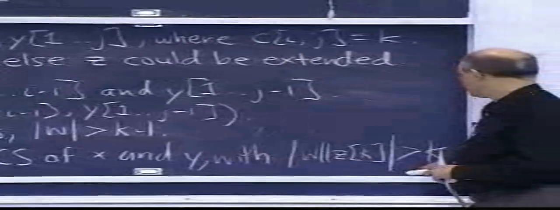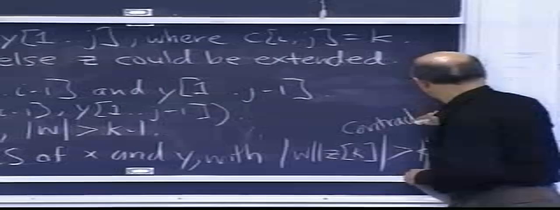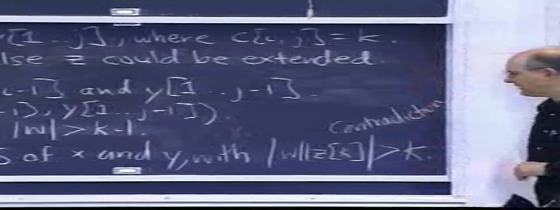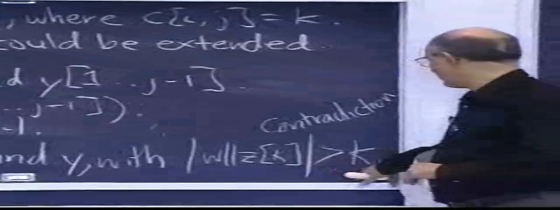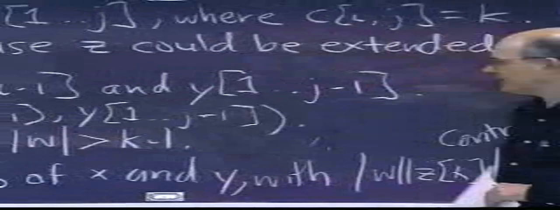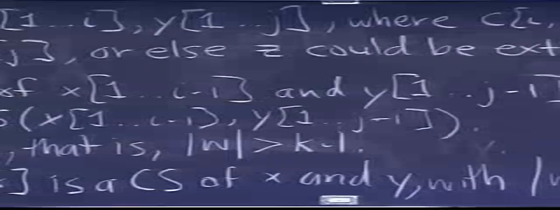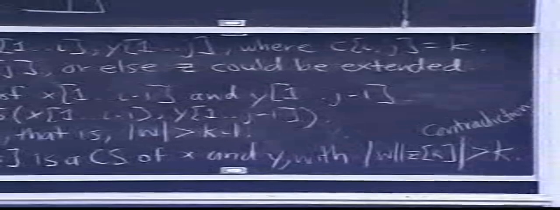And so that's a contradiction, which proves the claim. Because we said that W was the longest one, and if there were a longer one, well then Z wouldn't be the longest common subsequence of X and Y. Okay, everybody with me?